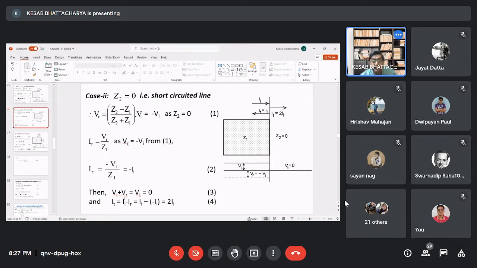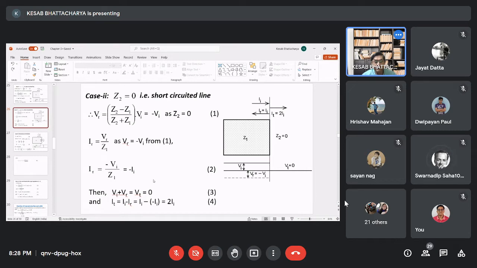Therefore, Vt is equal to 0, Vi plus VR, as VR is equal to minus Vi, and It will be equal to 2 Ii. Is it okay?